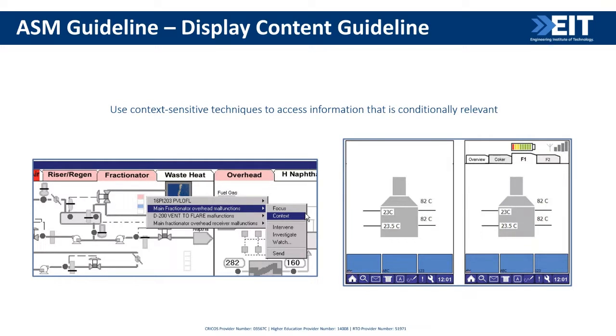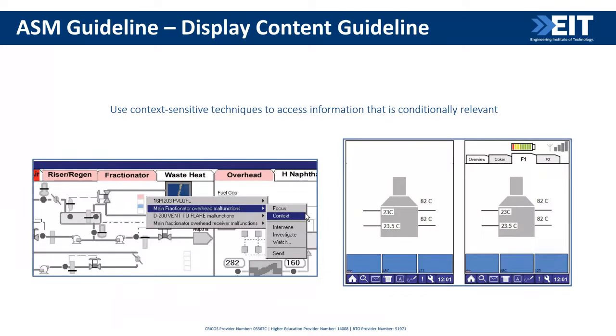Not all times is all information required by the operator, right? If you look at the example on the left, he can right click on a particular vessel, and he can click on show me the tag name of this object, or show me the unit of this particular transmitter, right? He doesn't need to know all the time, and when he needs to know, he can right click and bring up that kind of information.